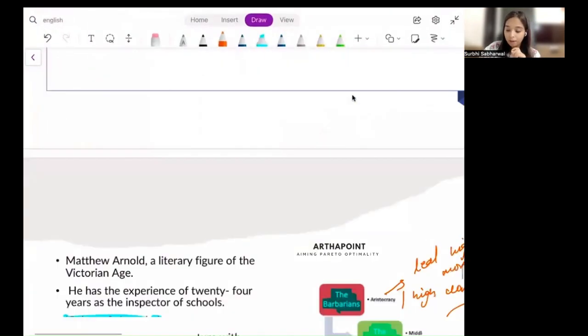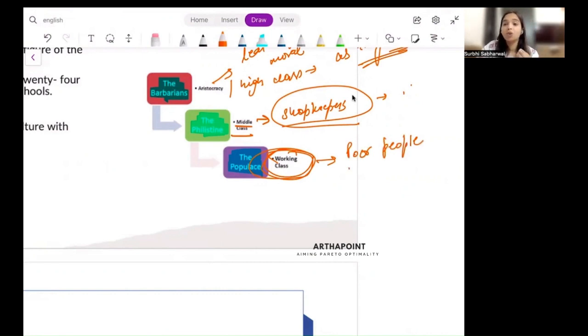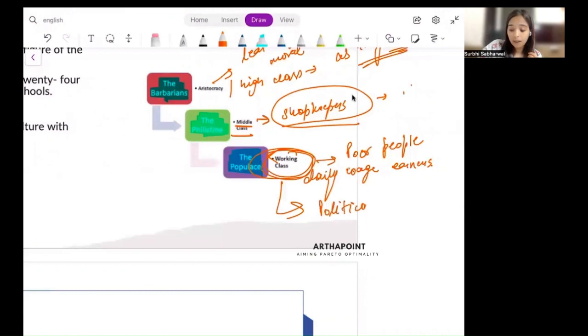The third that we have is the populace. So who are the populace people? They are the working class. They are poor people, the basic working class who helped develop basic industry, daily wage earners, and they are slowly and steadily becoming politically enlightened and are craving more education, right?